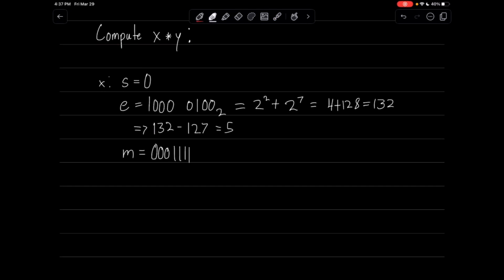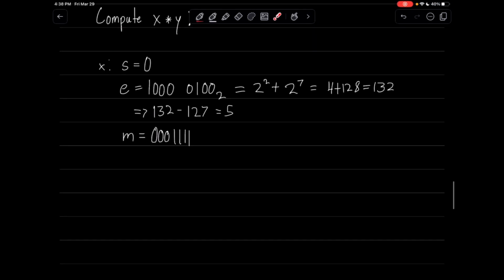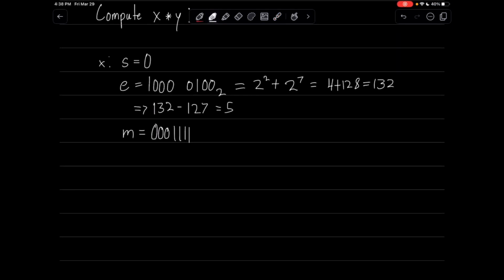Now how do I use these values to make x into a scientific notation number? Well, here's what I'll do. First, we have to apply the implied one, right? So there's always that one here. So that one and then dot. The dot's the binary point, right?